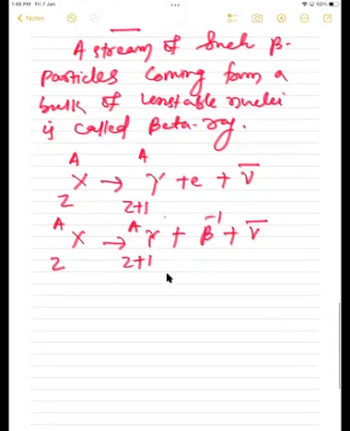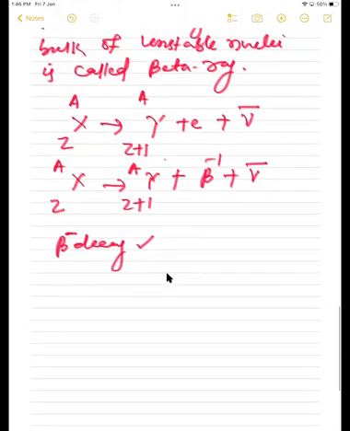So it is also called beta minus decay. Yes or no? That's why the name beta minus decay, because negatively charged beta particles are emitted.